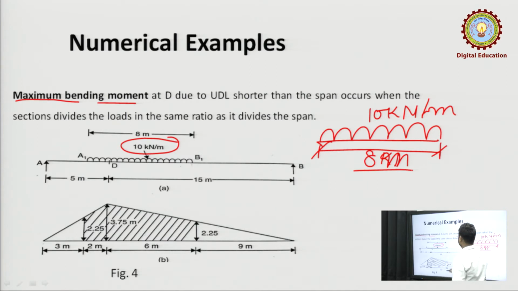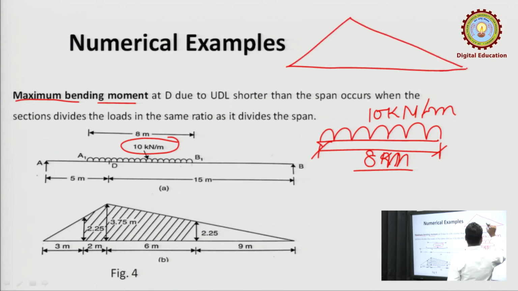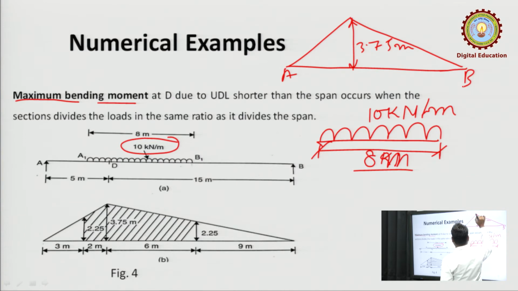This rolling load is traveling throughout the simply supported beam. In the last slide we drew the ILD for bending moment, whose ordinate was 3.75 meter. So the maximum bending moment occurs at this point, at 5 meter.